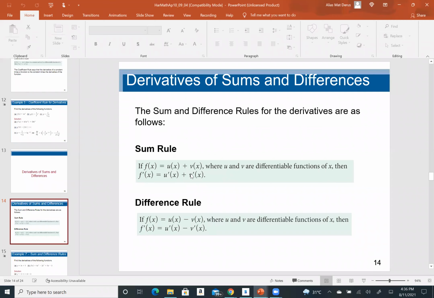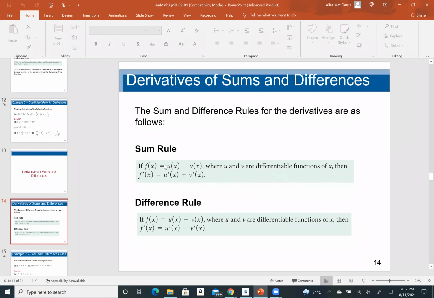Just read the formula. Anybody? It's u prime plus v prime, and then you add them up.